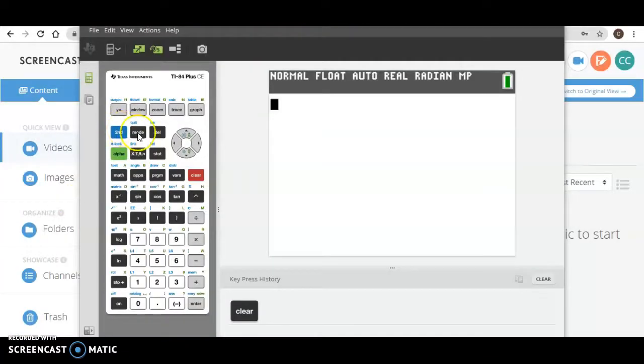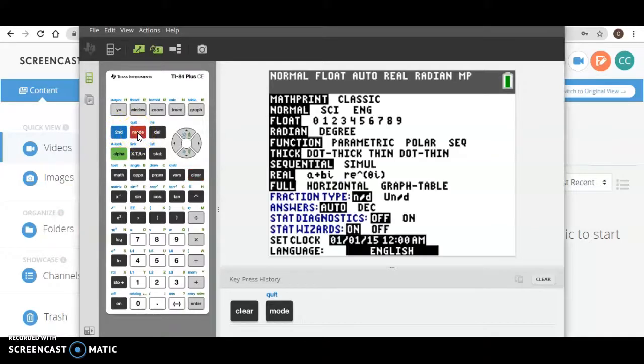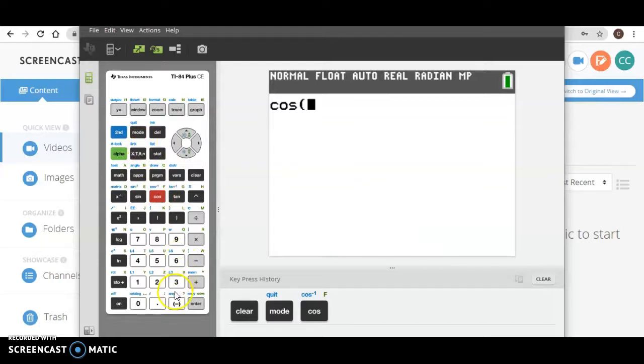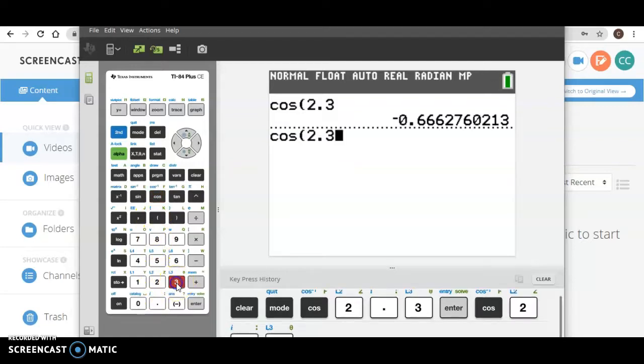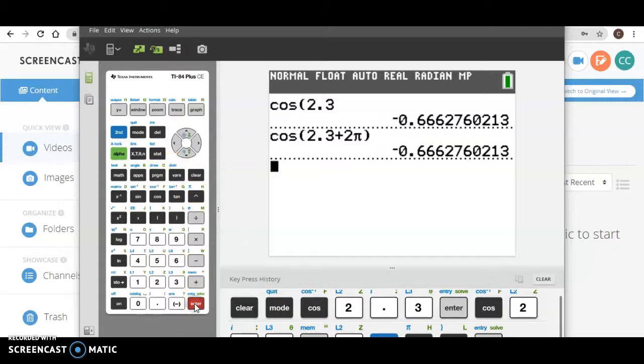All right, the first thing I want to do is make sure that I'm in radians, and I am. Good. And cosine of 2.3. Okay. Now I want to show you cosine of 2.3. Now, rather than putting in 6.28, I'm going to put in exactly 2 pi. And see how I get the exact same thing.